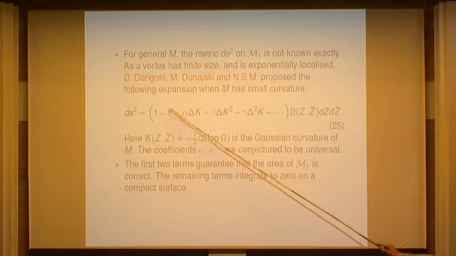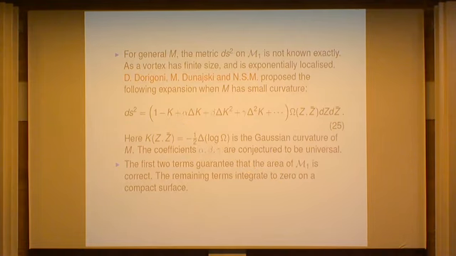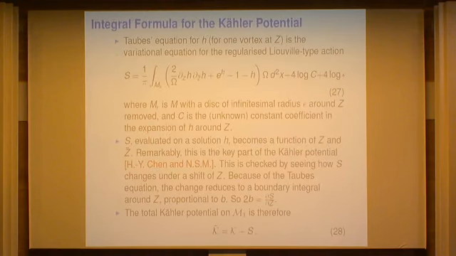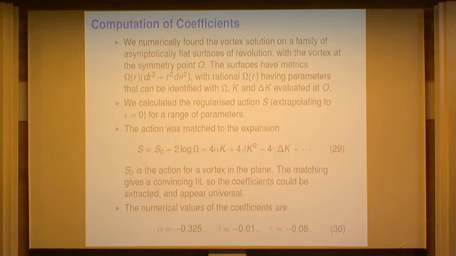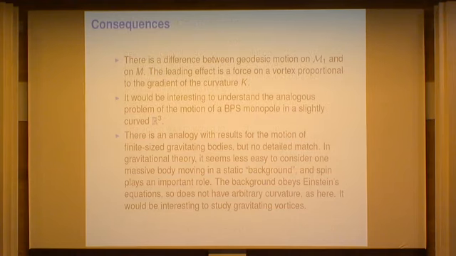The first correction is the K term, and when you work out the equation of motion for the geodesic, you find there's a force which goes like the gradient of K. So the Gauss curvature affects the vortex motion. The leading effect is a force on a vortex proportional to the gradient of the curvature.